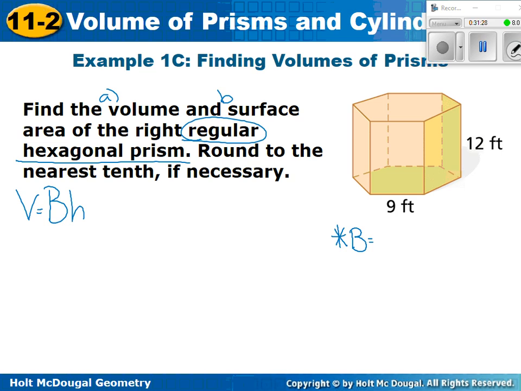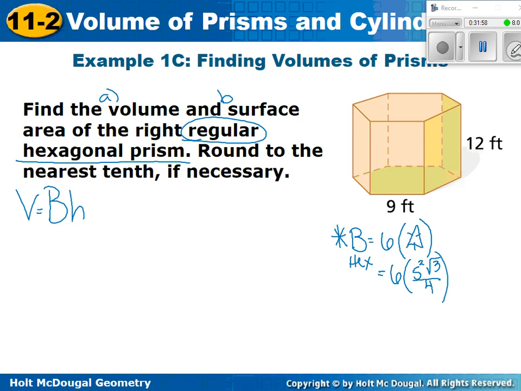If we end up with another one later, I'll work it the 1/2 apothem times perimeter way. 6 equilateral triangles is really the easiest, so if you can start to memorize that, it's going to make it so much easier. So, area of the base, since it's a hexagon, we can do 6 times the area of an equilateral triangle. So that's going to be 6 times S squared, square root of 3 over 4.